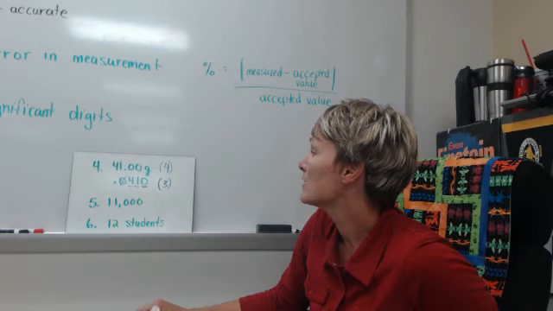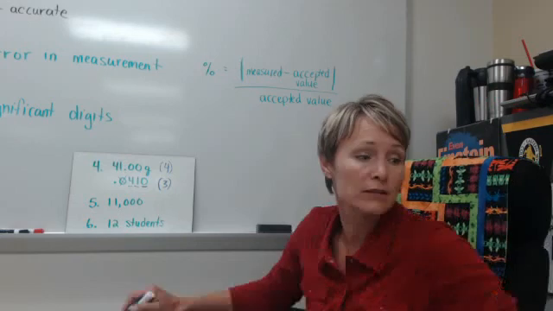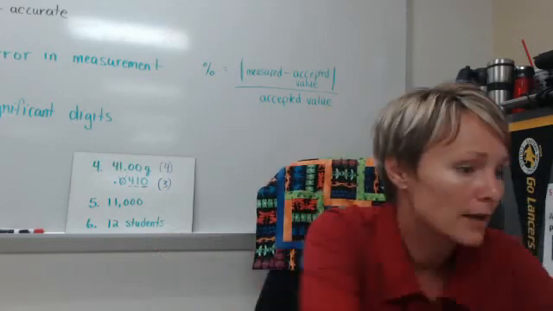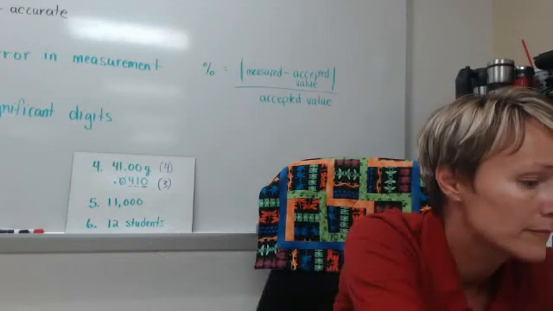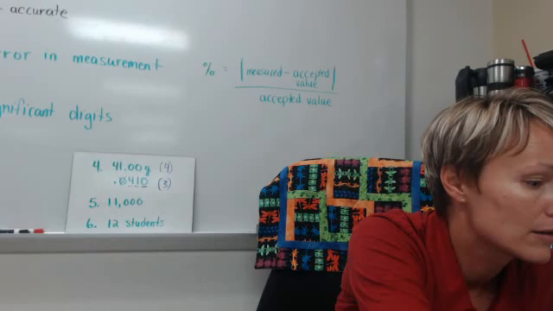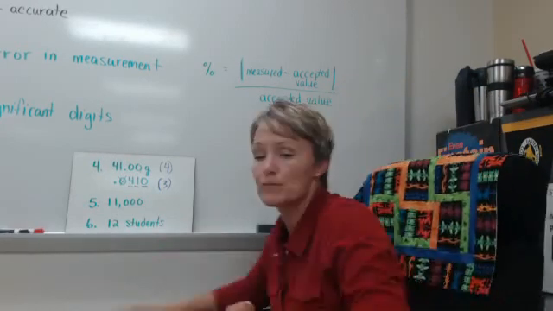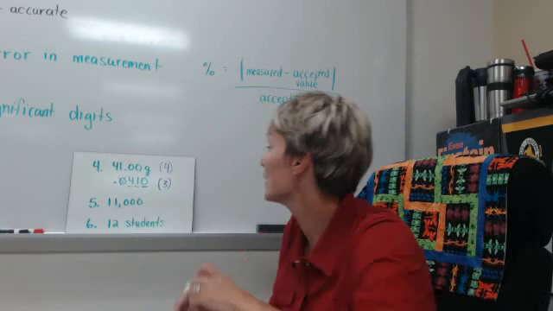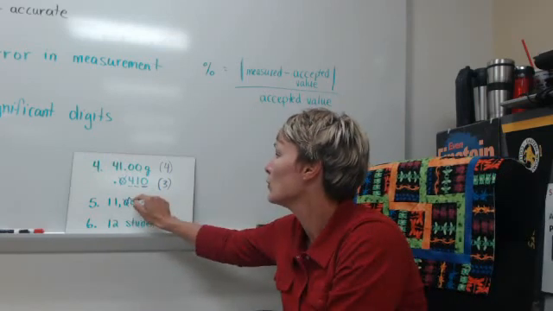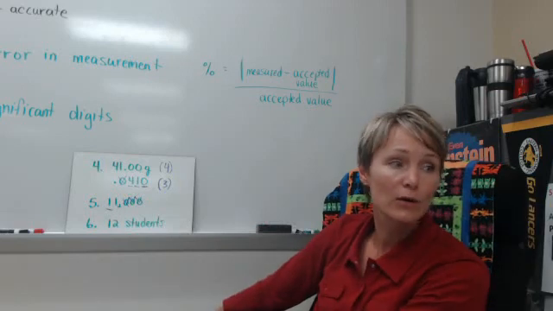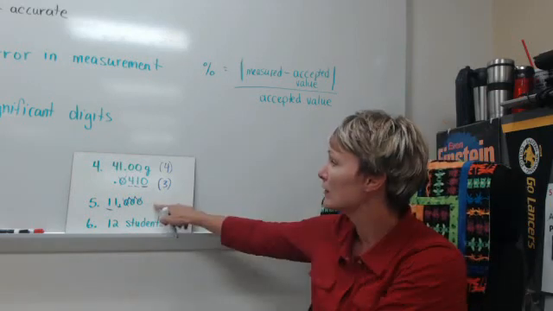So in the case of the number 11,000, we only have 2 significant digits. The zeros in that case are not significant.